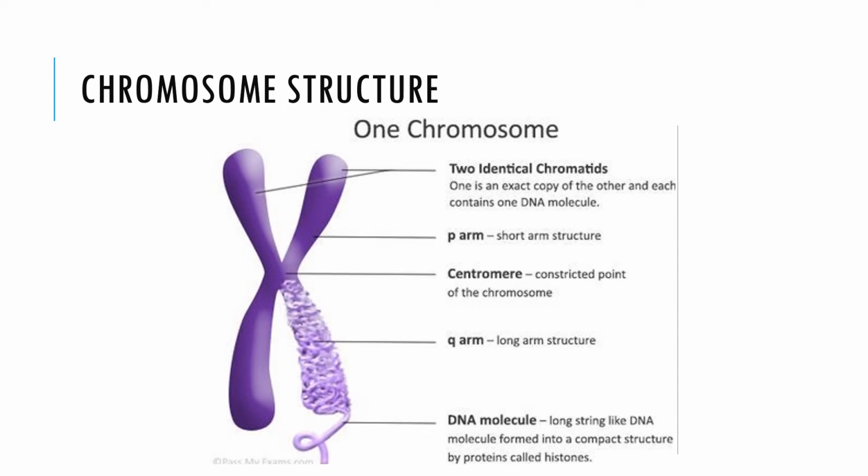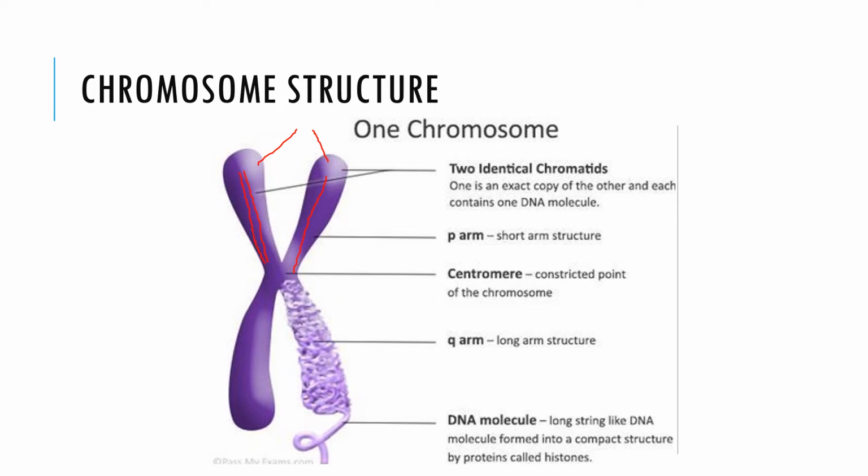This picture shows a single chromosome, which is composed of two identical chromatids, in which one is an exact copy of the other and each contains one DNA molecule. It is sometimes called sister chromatids.